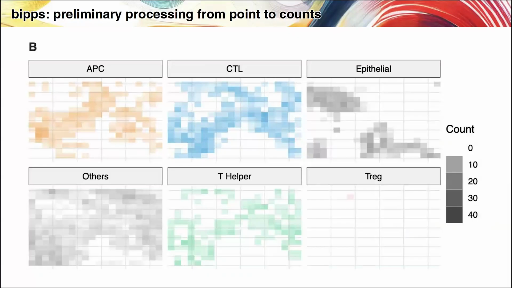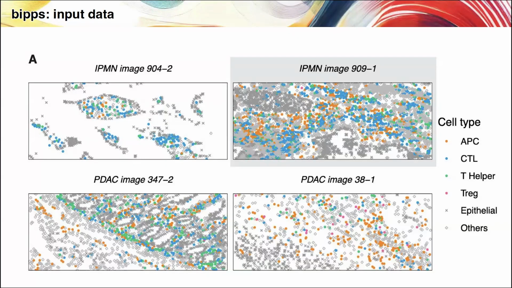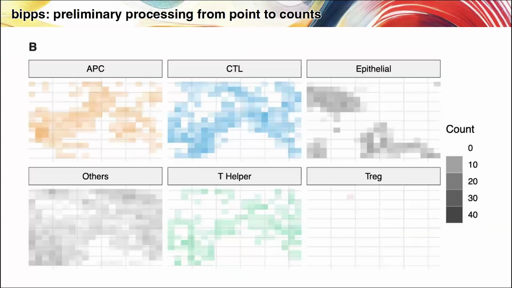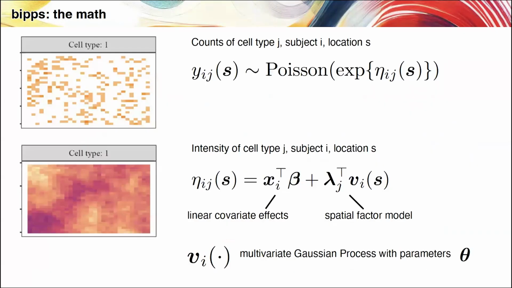And what we get, for example, this is from that one image, 909-1, as I mentioned earlier, is the count for every cell type, right? So here, darker colors mean higher counts. Then using that, we have a count map, and at every location, the counts for subject i, for cell type j, at location s. Right now this is one image, so i for the subject, cell type 1, so j is equal to 1, and then this is location s.